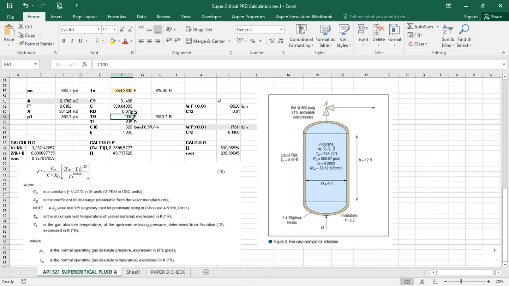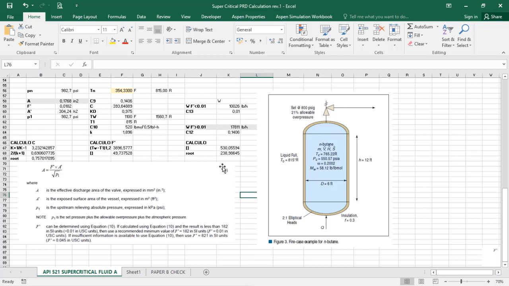So with all of this information, it's possible to calculate the F dash. So the F dash is this one, using the information that I have told you. And once again, I split my equation to make the calculation results easier. So based on that, I have the F dash and I am able to do the calculation of equation 9.